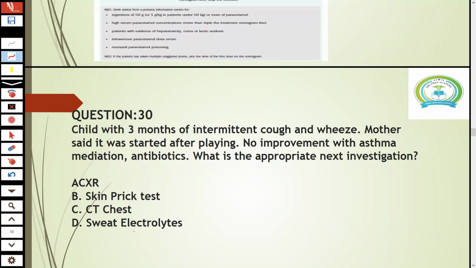So what's the diagnosis there? What is the diagnosis? Nothing is mentioned about fever.